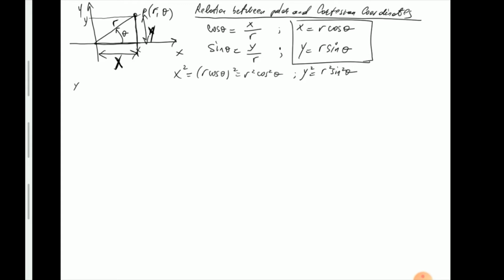If I add the two together, because sine squared plus cosine squared is 1, then I get that x squared plus y squared is r squared.